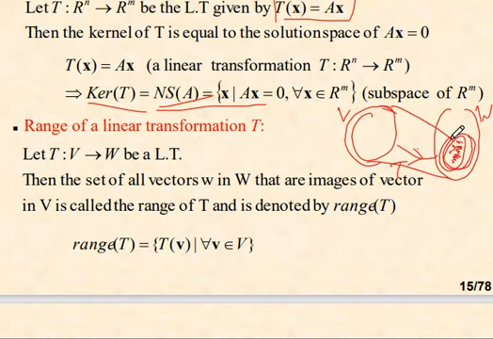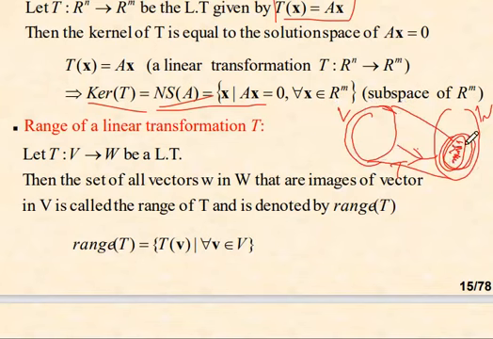This one is the image of V under this transformation. So we call this the range of T, or the image of V. Same thing. You can call it the range of this transformation, which is the image of the entire vector space.